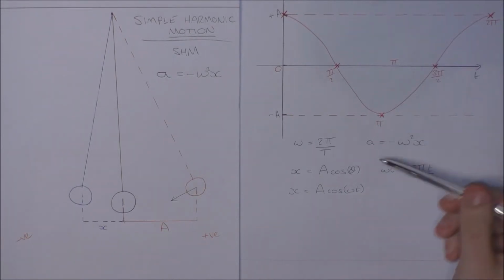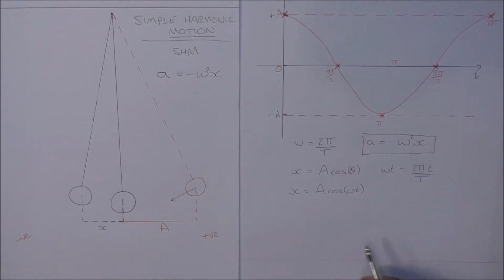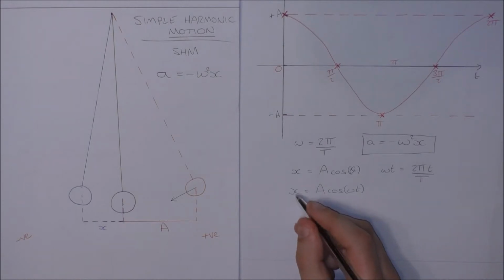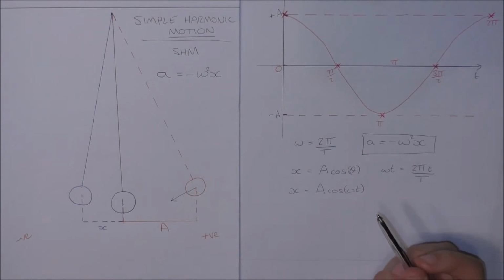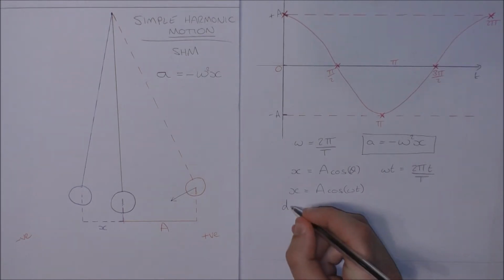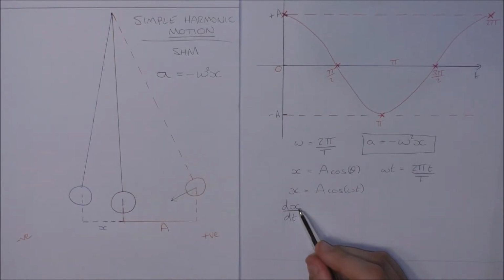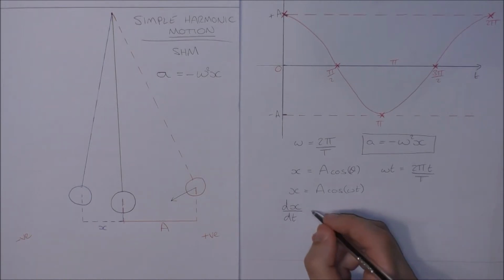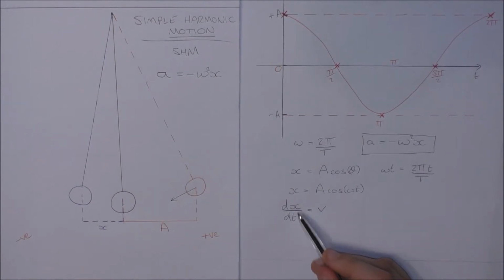Now, to get to the main equation, a equals minus omega squared x, I need to get from displacement, a distance, to an acceleration. And I do that by differentiating. So if I say dx by dt, the rate of change of displacement, that equals a velocity: how distance changes with time.